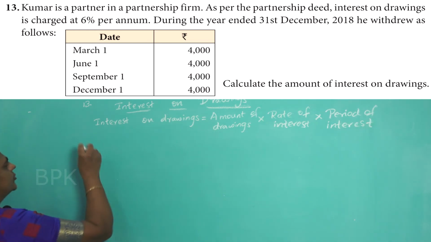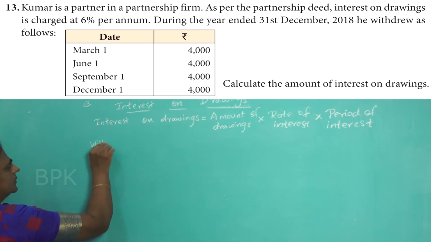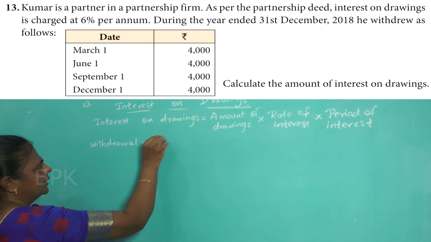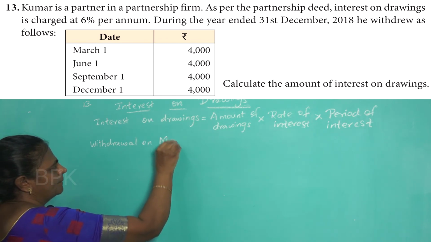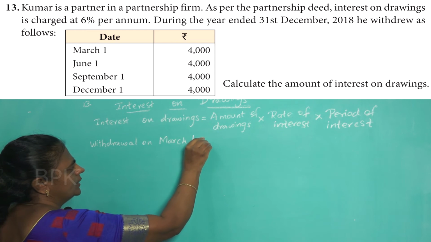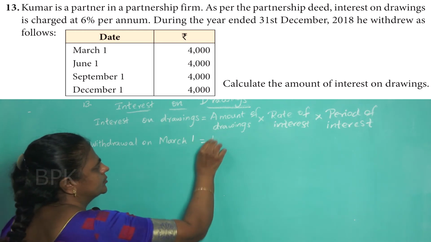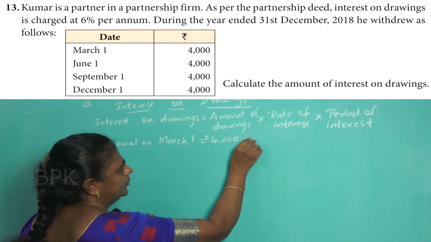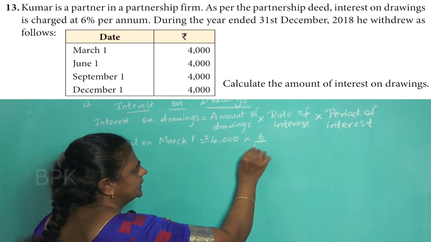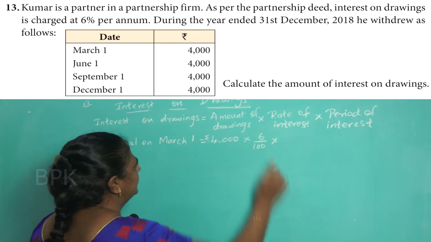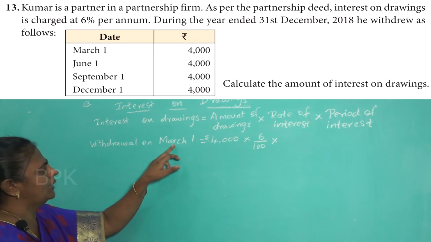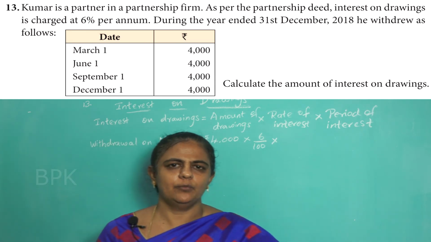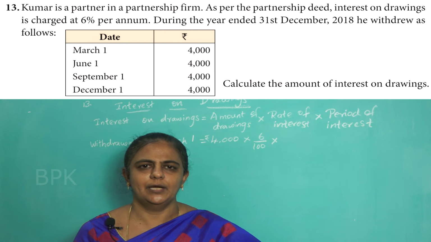Okay. Now withdrawal on March 1. How much is he withdrawing? 4,000 rupees, into rate is 6%, 6 by 100, into, now you calculate. Before calculating, first thing you have to see the question and find out the accounting period, when it is closing.